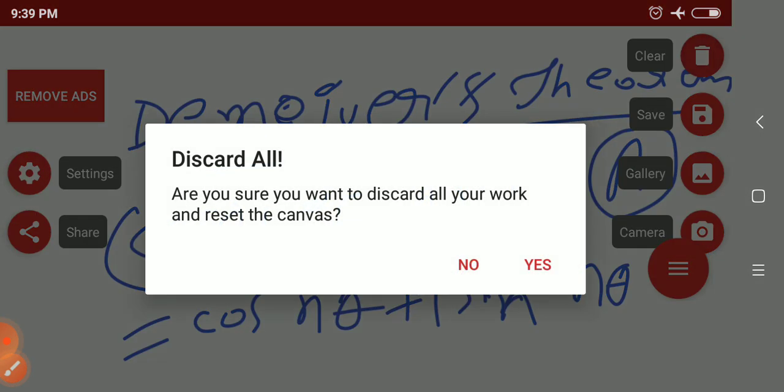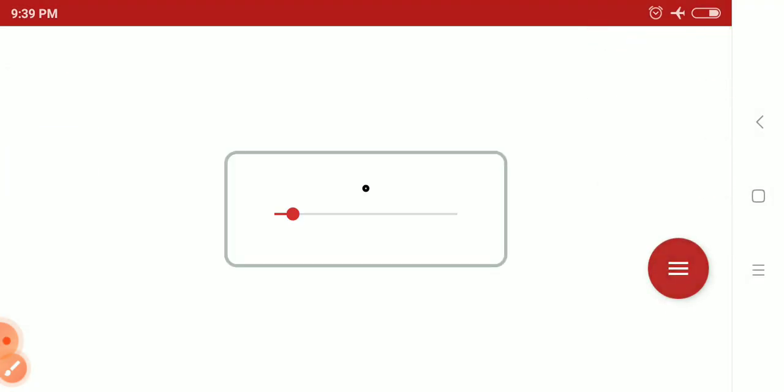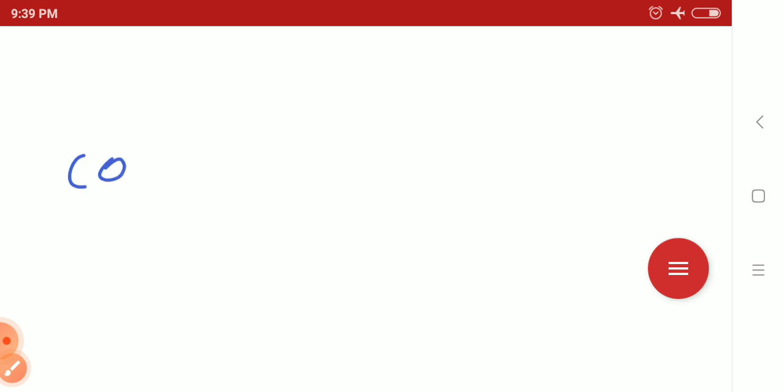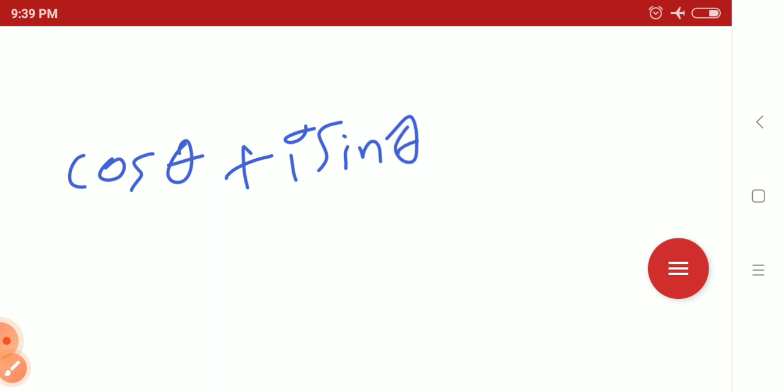Suppose you are writing here cos theta plus iota sin theta, and suppose we take here alpha by beta as the power.